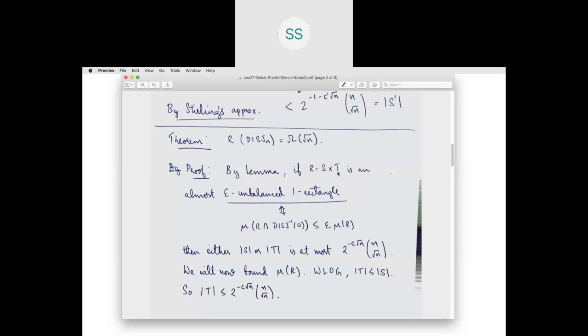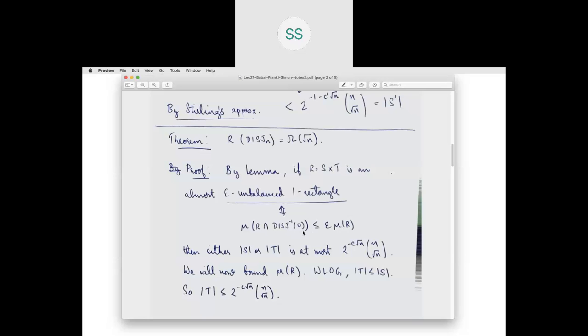So what was the lemma? If R is an almost epsilon unbalanced one rectangle, in other words, R is a one rectangle, the protocol reports 1. Now, what fraction of the entries in R are actually zero entries? What fraction of entries in R are not disjoint but are being reported as disjoint?